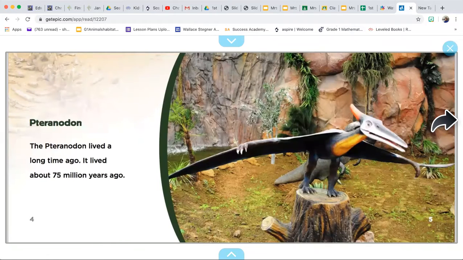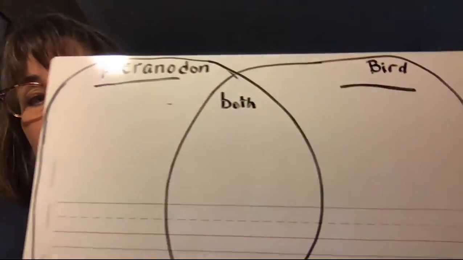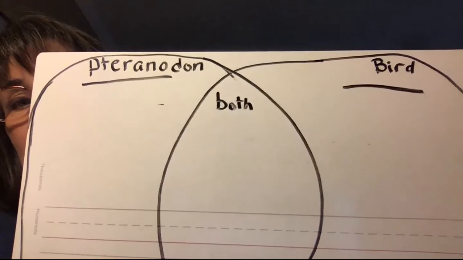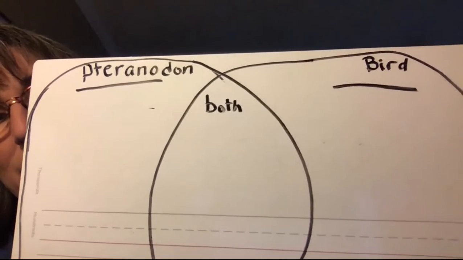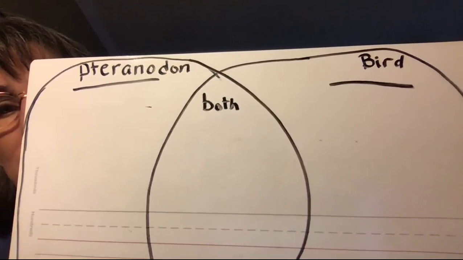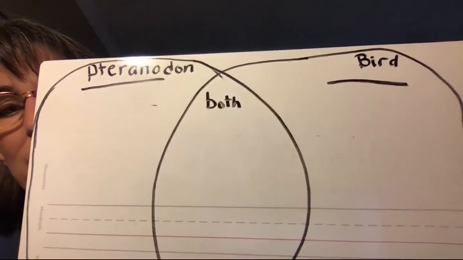I thought today it would be fun to compare a pteranodon to a bird. So to get your paper set up, on my first circle, I wrote the word pteranodon. On my second circle, I wrote the word bird. And then in the middle, I wrote the word both. And we're going to compare the two and decide if a pteranodon is actually a bird or not a bird.